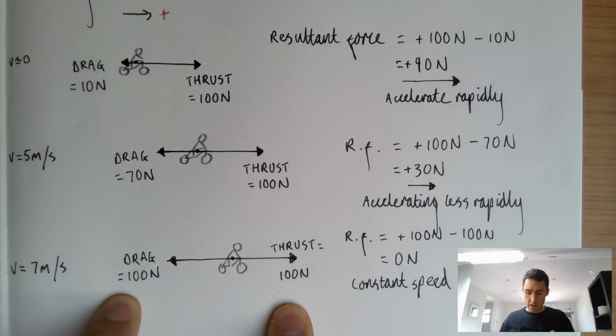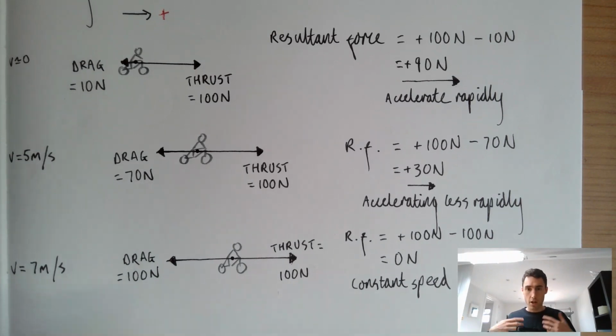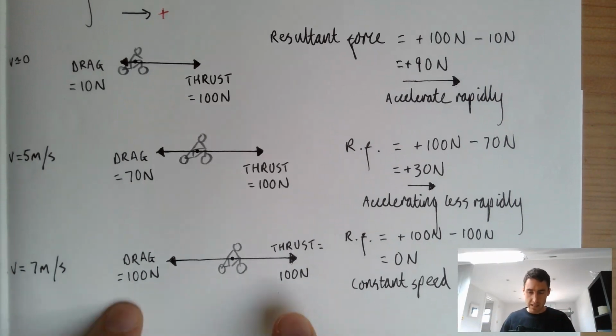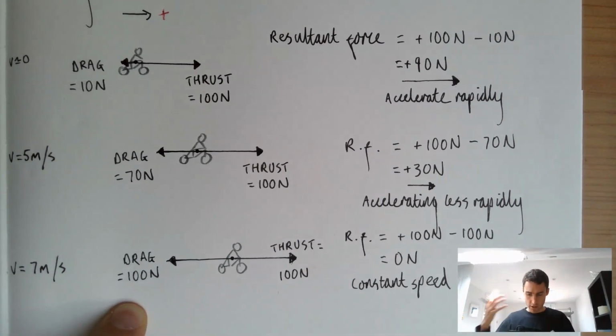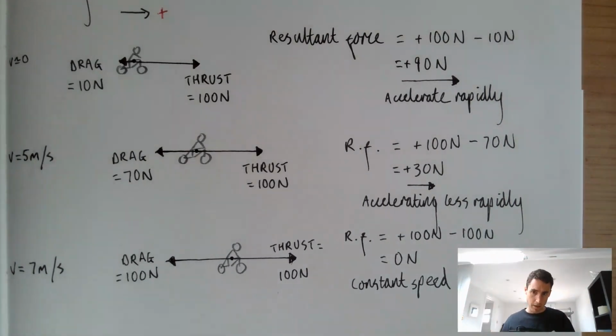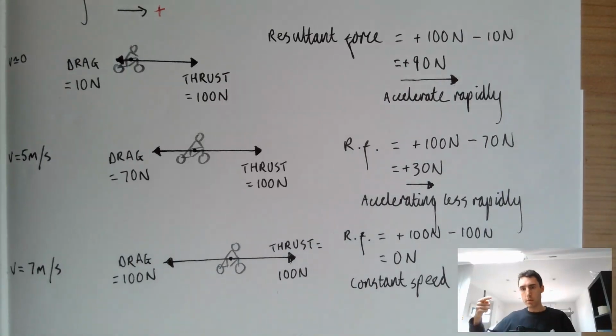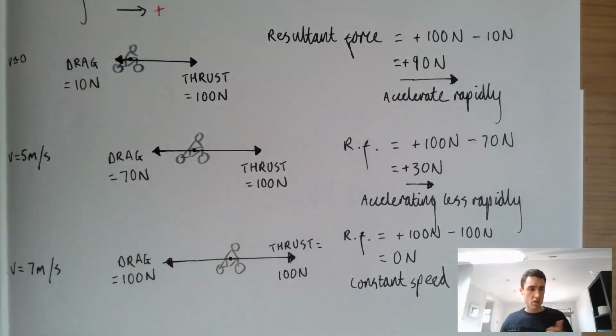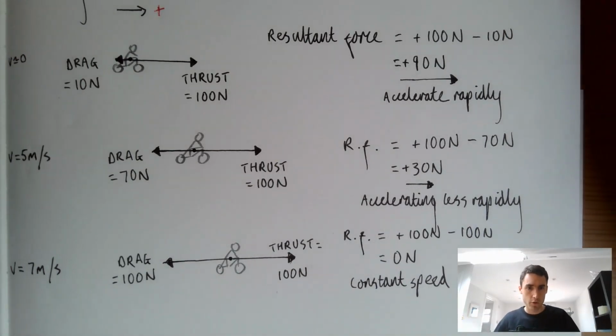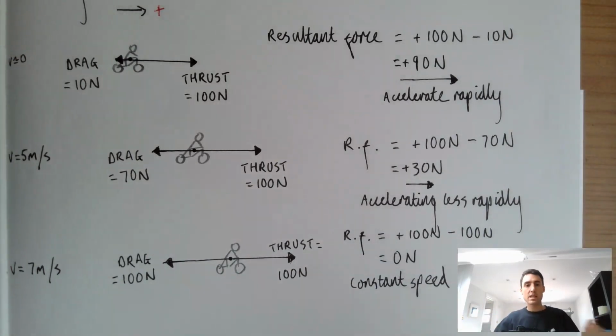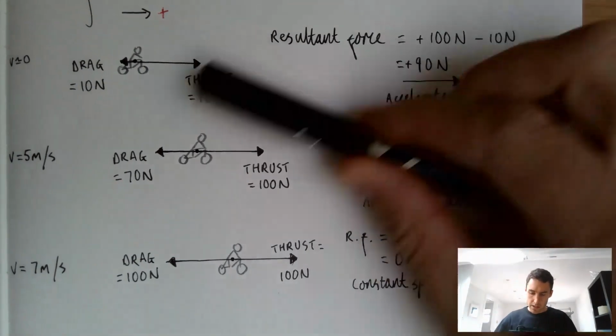And what they need to realise is that if a moving object is travelling at constant speed, that's because the forward force, whatever it is, it might be weight pulling a parachutist down, it might be thrust pushing a car or a swimmer or a cyclist along forwards, whatever the forward force is, that's going to be balanced by the backwards force. And again, what we see here is it's just another application of the core concept. So that's how I would explain this.